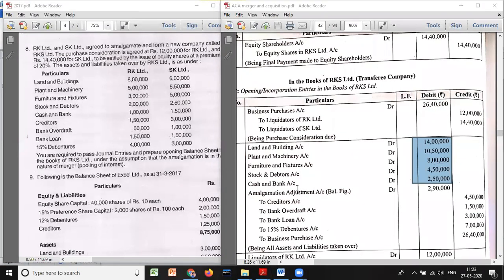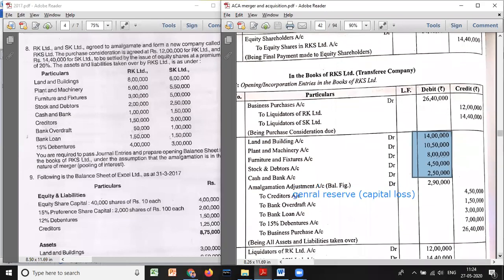Instead of amalgamation adjustment account, you can write general reserve within brackets, capital loss. If you want, you can show this as capital loss, 2,90,000 we have. We are done with the second journal entry.